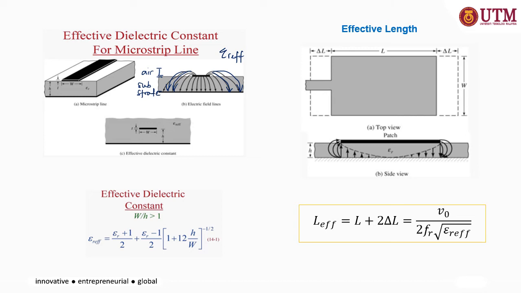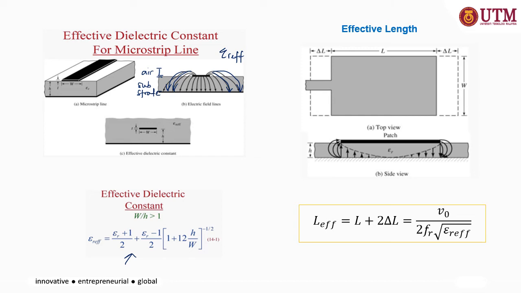Due to these different properties of the air and the substrate, we need to consider the effective dielectric constant considering both. Okay, so the effective dielectric constant can be approximated by using this equation.